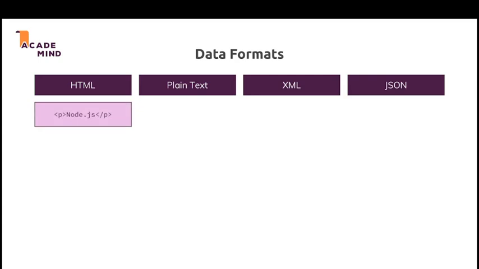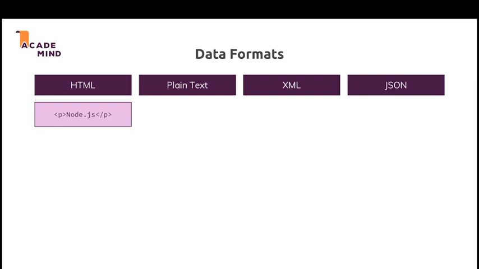HTML, of course, looks something like this. So we can send HTML code, and this is what we did thus far in the course. When we rendered EJS view, what we essentially did is we sent HTML code to the browser because the view was rendered on the server, and the result of that rendering process simply was a HTML page, simply was HTML code.